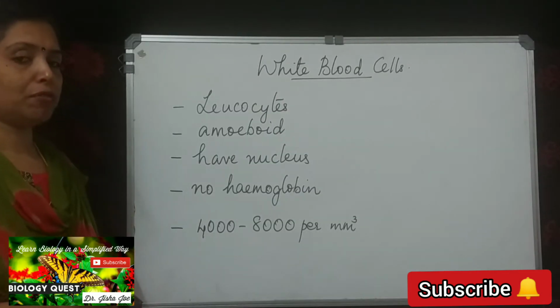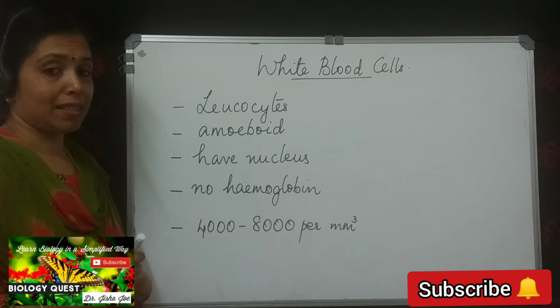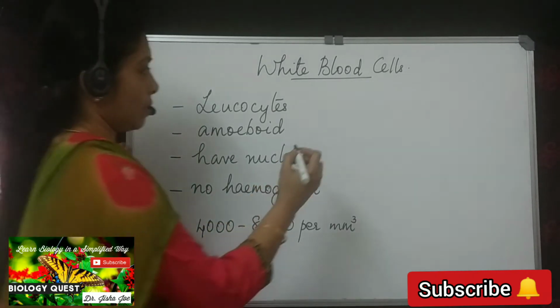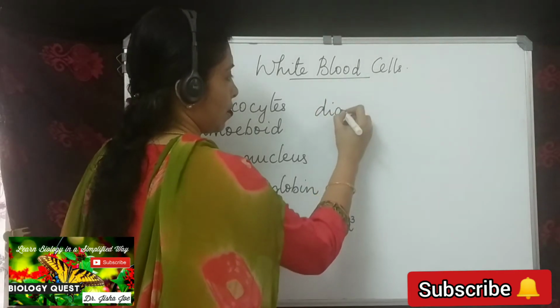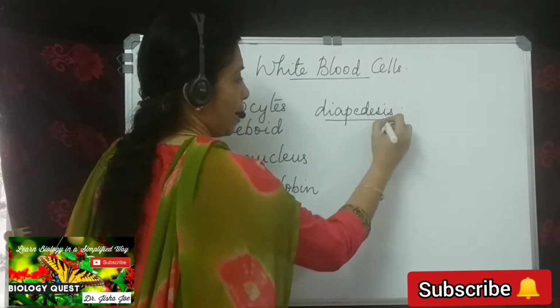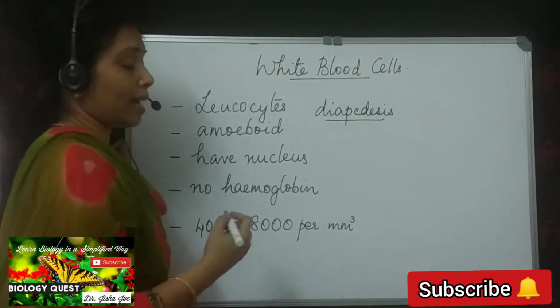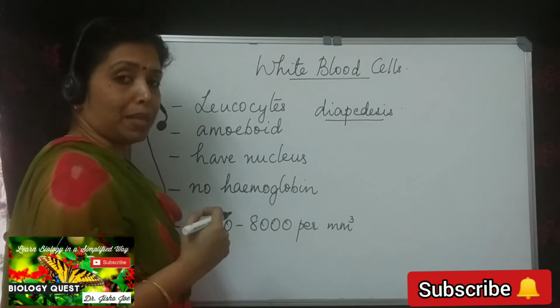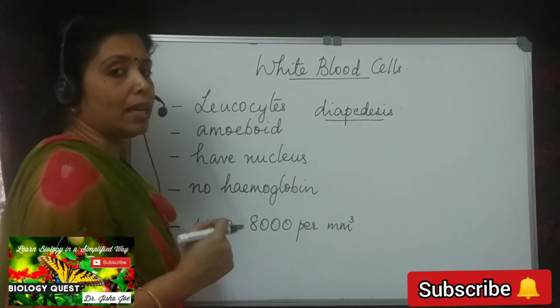Another important feature of WBCs is that they can perform diapedesis. Now, what is diapedesis? Diapedesis is the squeezing out of the WBCs through the walls of the capillaries.